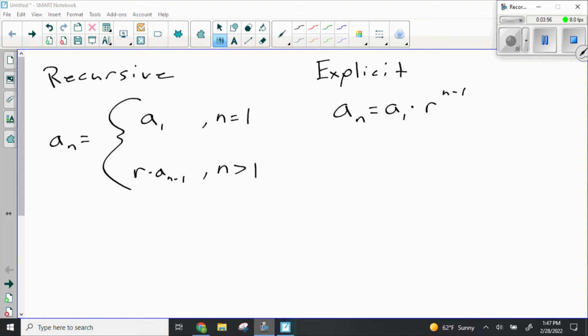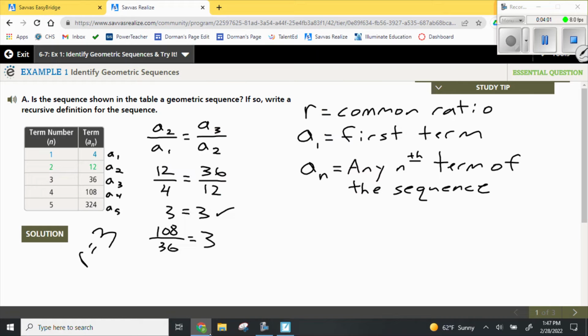All right, so we know what a sub 1 and r are. We have that a sub 1 is 4, and we know that r is 3. Let's plug those in.